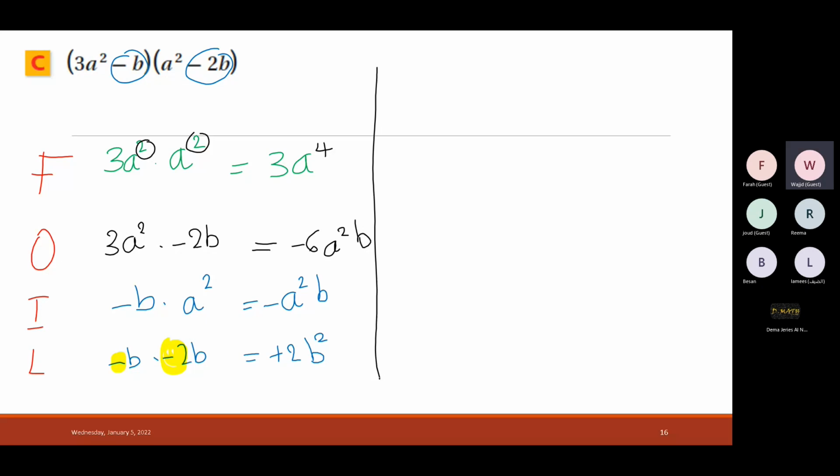Yes, Wajd. Now, after they multiply the first, the outer, the inner, and the last terms, what can we do now? What do you have to do? We're going to now rewrite them or combine them. How will you combine them? You will put 3a to the power of 4 minus what?